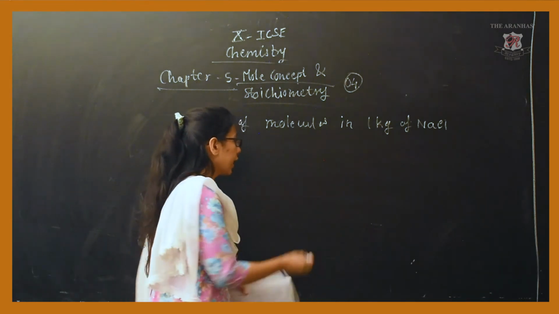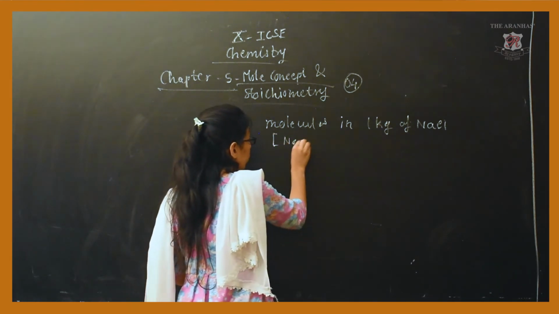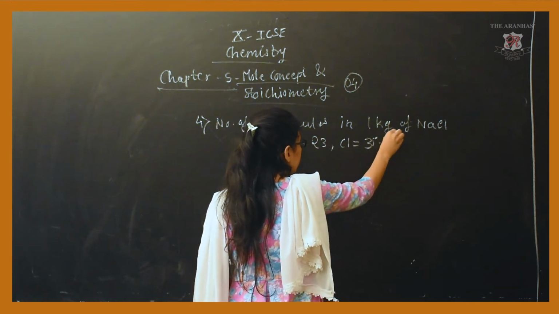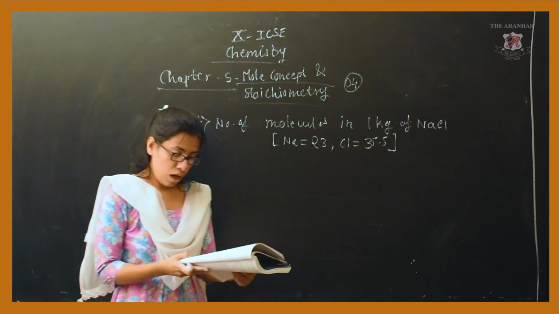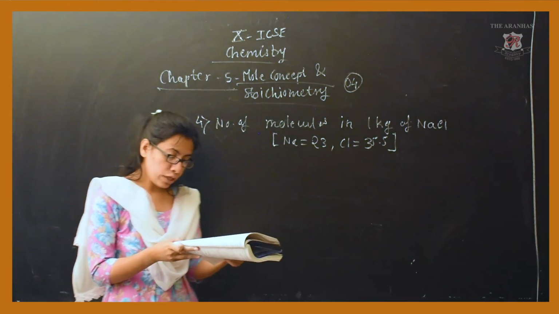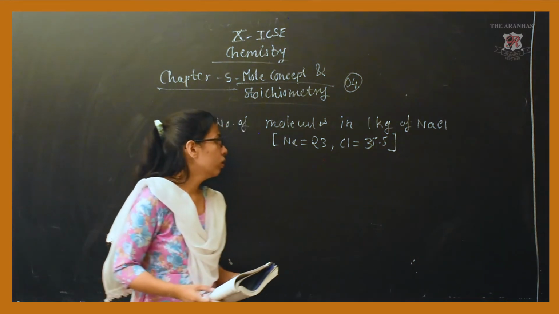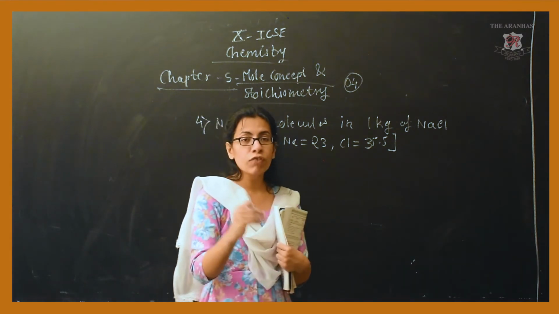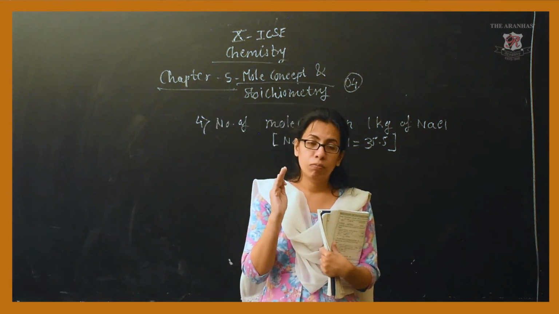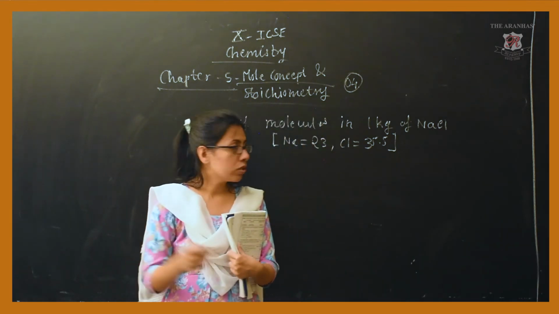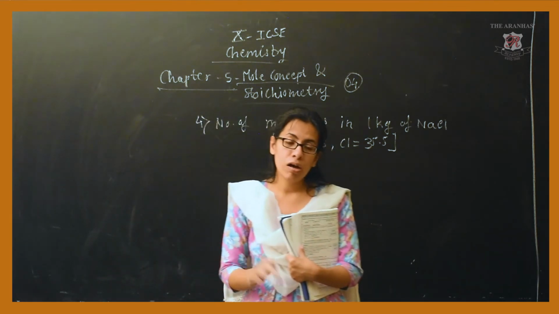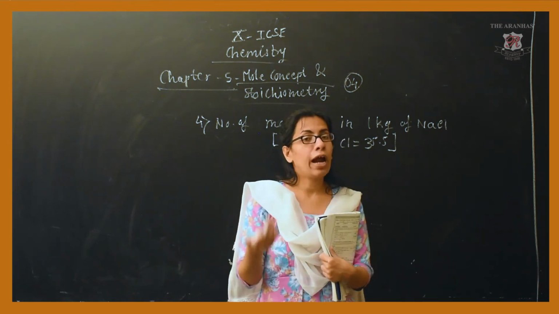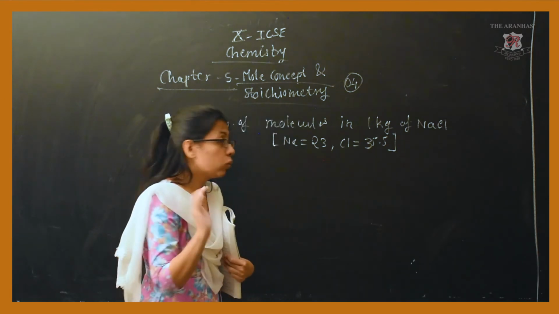Now here, again, in the bracket, they have given you the atomic masses, which are sodium 23 and chlorine 35.5. Now, once they give you atomic masses, what is your first job? Before going to the calculation, just make sure about the formula. Once you know the formula, go on adding the atomic masses and find out the final molecular weight.